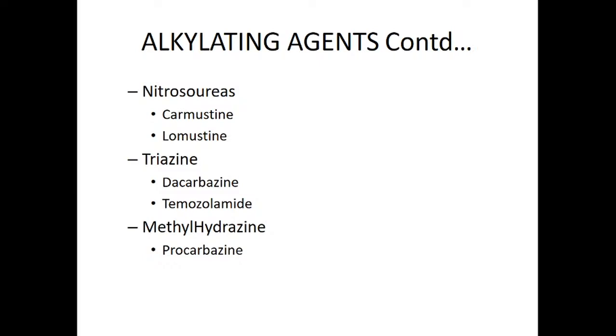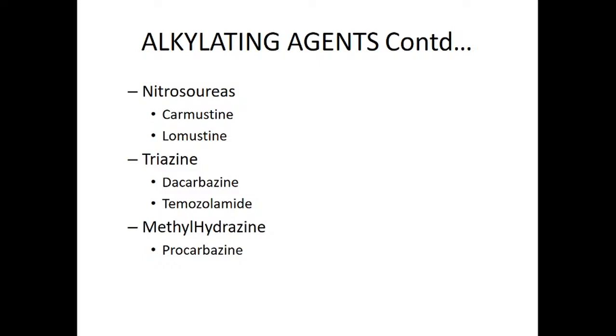The next one is that procarbazine can cause a disulfiram-like reaction if someone takes alcohol after taking procarbazine, because procarbazine is an inhibitor of aldehyde dehydrogenase, and when you inhibit aldehyde dehydrogenase, alcohol metabolism is stopped and alcohol will not get converted to acetic acid finally. Normally, when ethanol is taken, alcohol dehydrogenase converts it to acetaldehyde, and aldehyde dehydrogenase converts it into acetic acid.